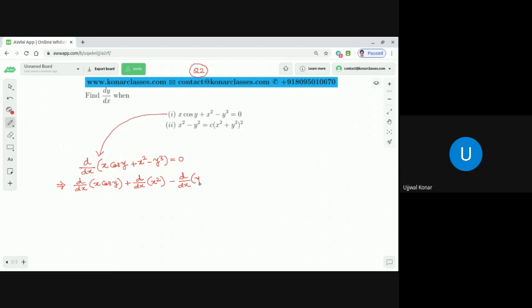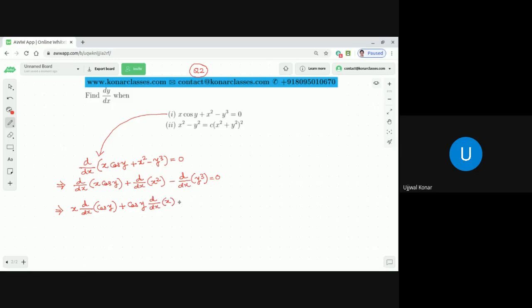All of you agree with me? Yeah. So this implies d/dx of x into cos y: x into d/dx of cos y plus cos y into d/dx of x.